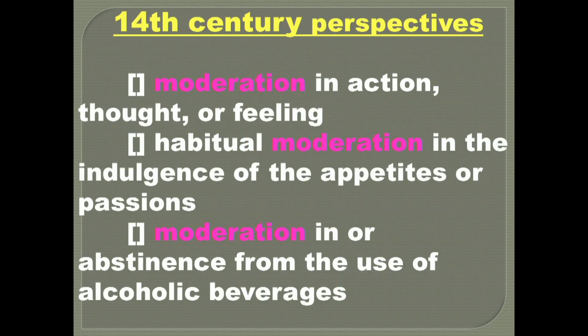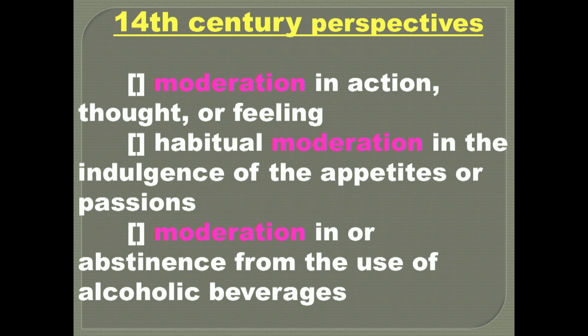All right. So this is a little background on temperance and where it came from. In the 14th century, the perspective of temperance is moderation in action, thoughts or feelings, habitual moderation in the indulgence of the appetite or the passion, and moderation in or abstinence from the usage of alcoholic beverages.